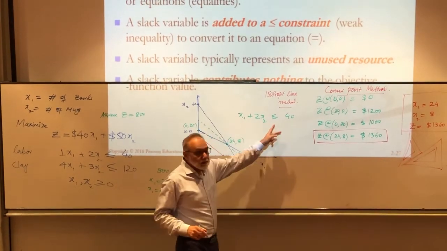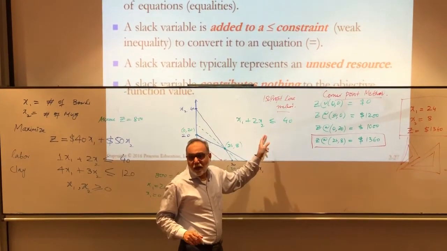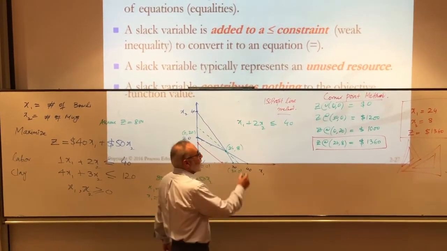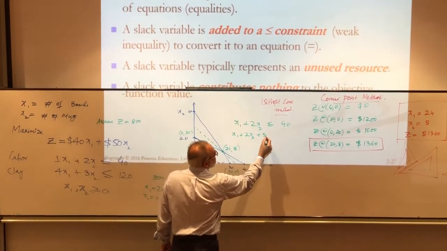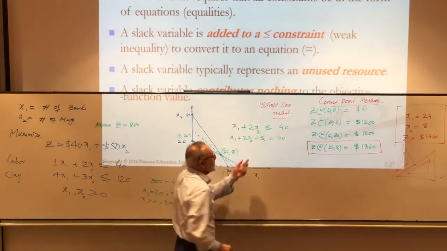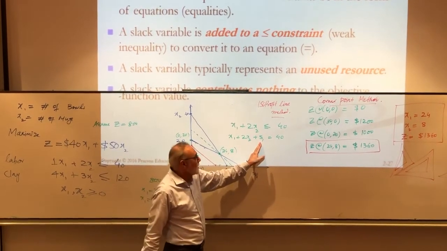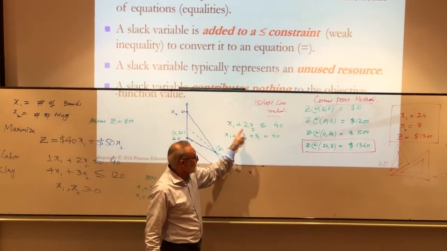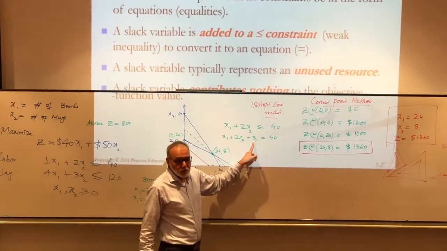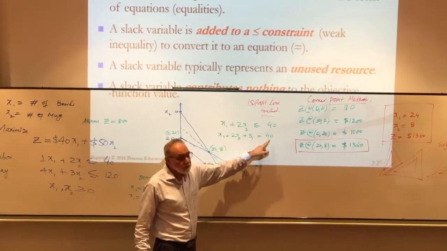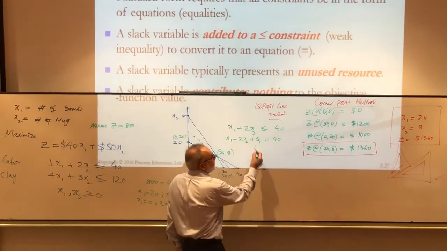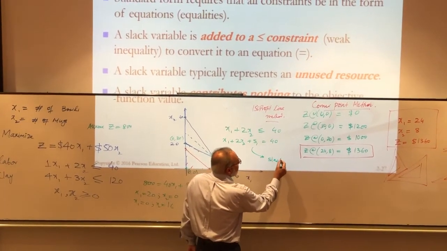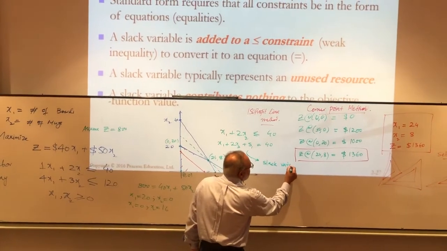Now if we want to make it an equality, we will add one variable, we call it slack variable: x1 plus 2x2 plus s1 is equal to 40, which means that anything less than this will be equal to s1, to make it an equality. That is called a slack variable.